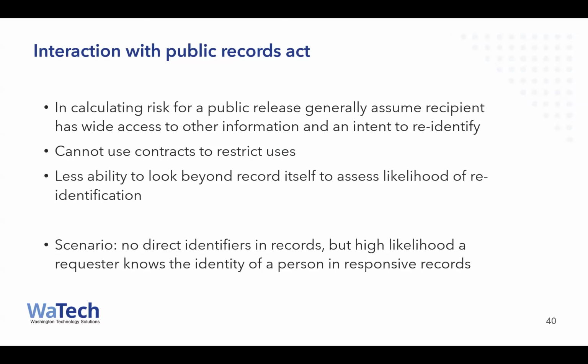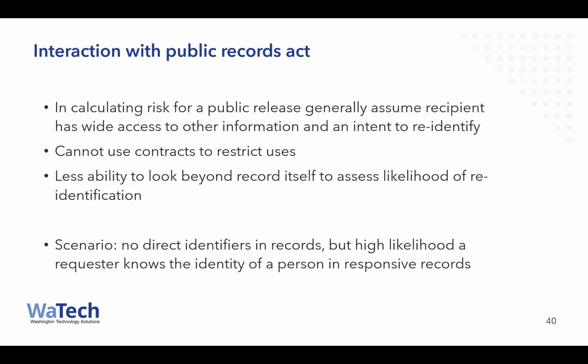So when we're calculating risk for a public release, we're basically assuming that that recipient has access to lots of other information and they have an intent to re-identify an individual. And we do not have the ability to use contracts like we do in other situations to restrict the ability to re-identify or how they're going to use that information.